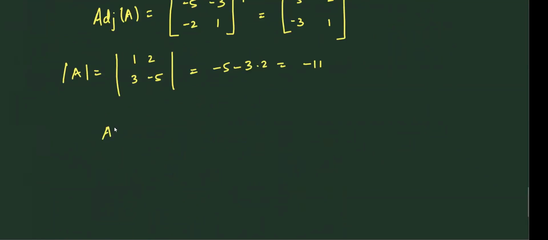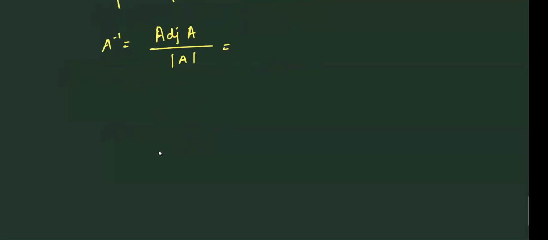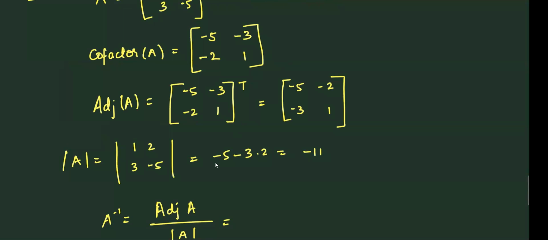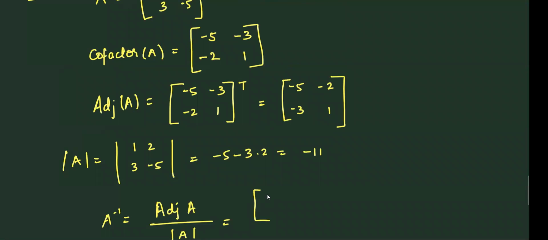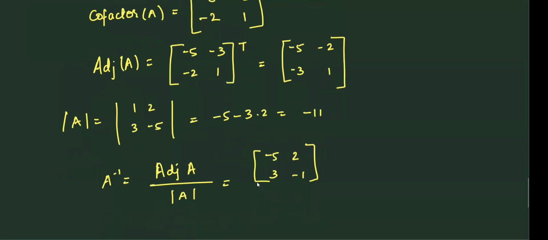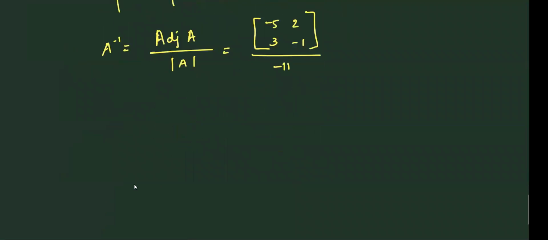Now what is the inverse of a matrix? A inverse is adjoint A by determinant of A. So the adjoint matrix is 5, minus 5, 2, 3, minus 1. And the determinant is minus 11.